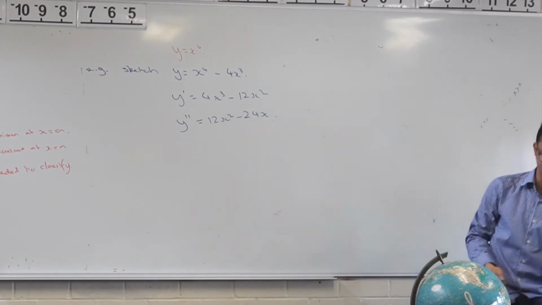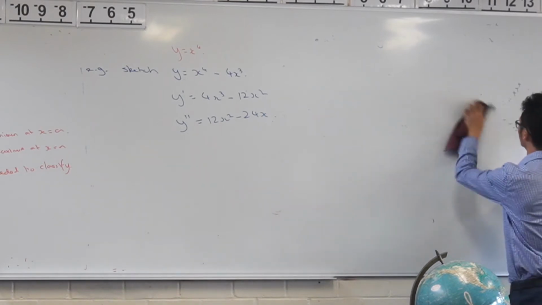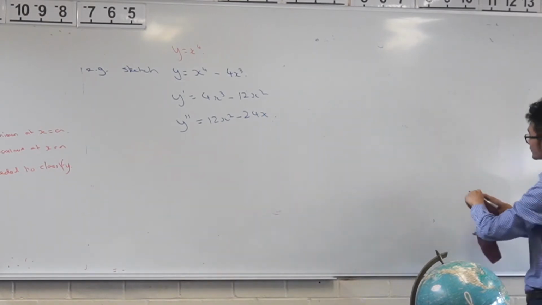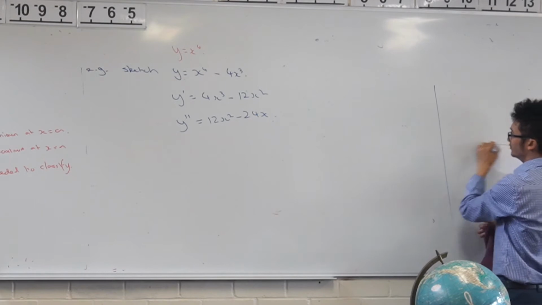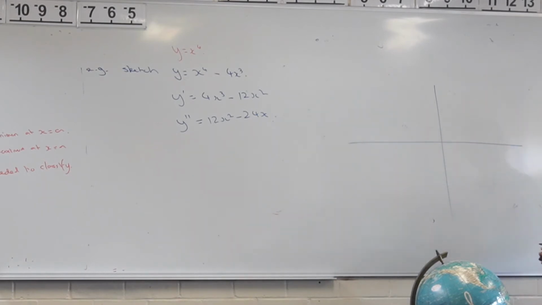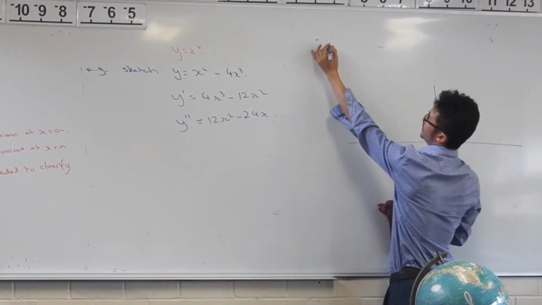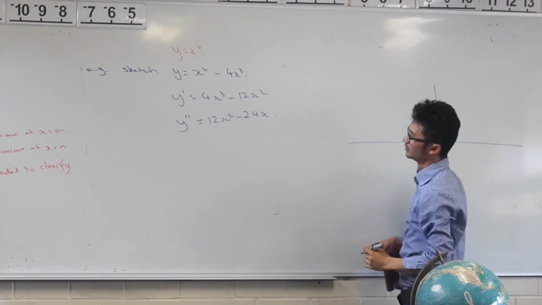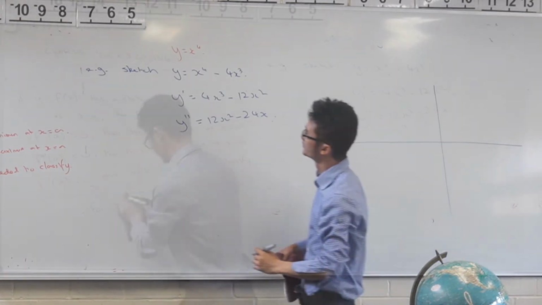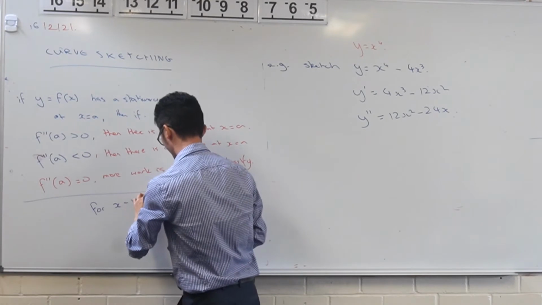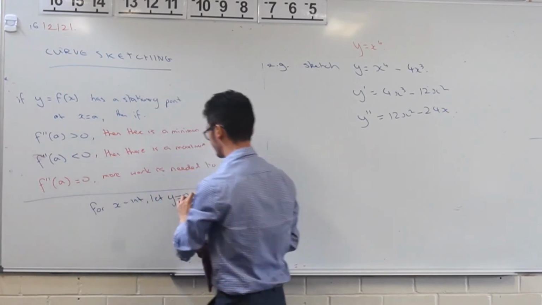So let me get rid of... How should I do it? So let's draw it over here. And we can say, okay, for x and y intercepts, let y equal to 0.